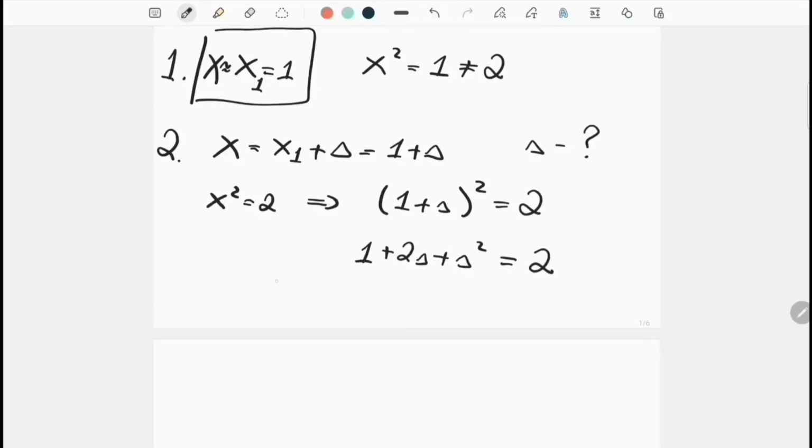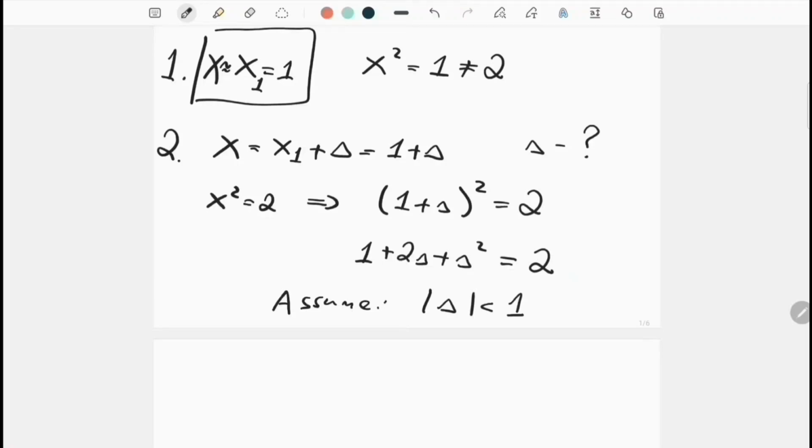And to do that, I will make an assumption. I will assume that delta, or the absolute value of delta, is smaller than 1, meaning that delta is a small number. Now, if delta is small, then delta squared would be even smaller.